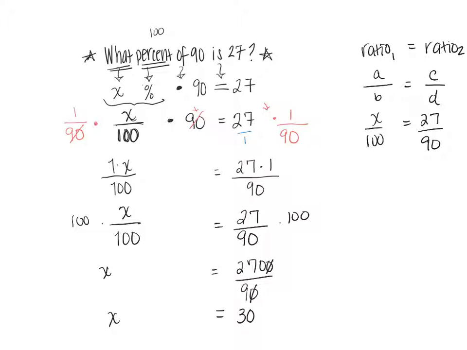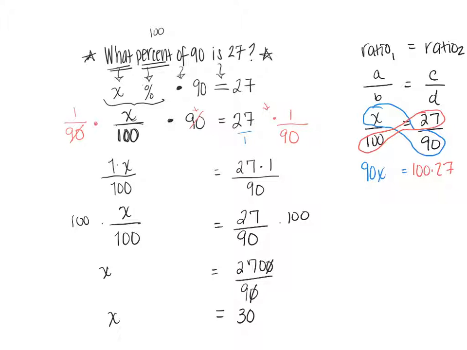Okay, the other way I can do this that I want to show you right here, though, is where I solve it using my cross multiplication, where I multiply things that are on the opposite sides of the equal sign. So here, in this case, it's 90x equal to 100 times 27. Are you with me so far?